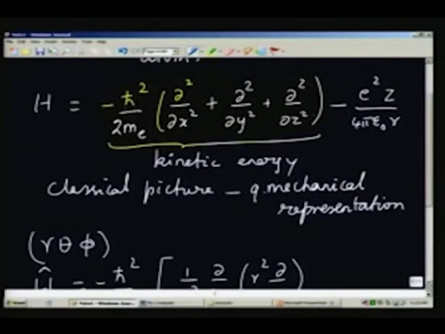Actually, the kinetic energy part is extremely simple looking in the Cartesian coordinate system. What causes the problem in that representation is r, which is square root of x square plus y square plus z square. So, even though the kinetic energy form and the potential energy form are simple looking, they are not separable in the way they are written in the Cartesian coordinates.